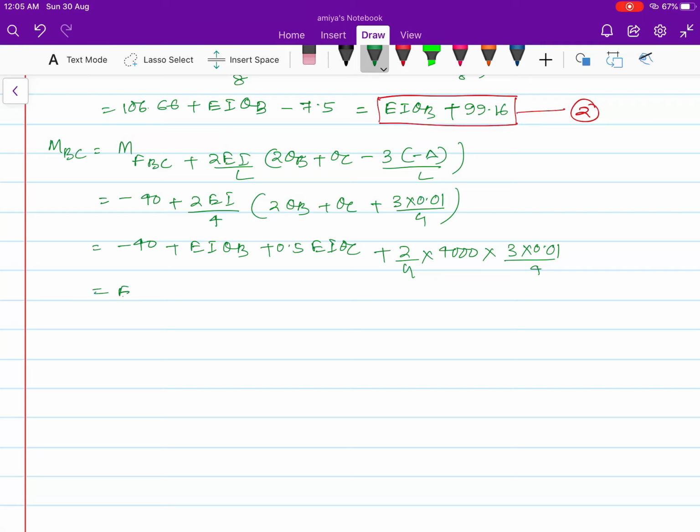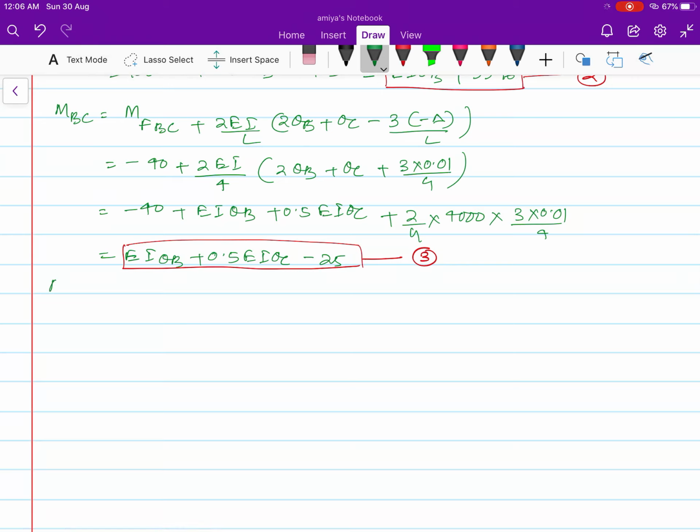So EI theta B plus 0.5 EI theta C minus 25. So this is our equation 3.